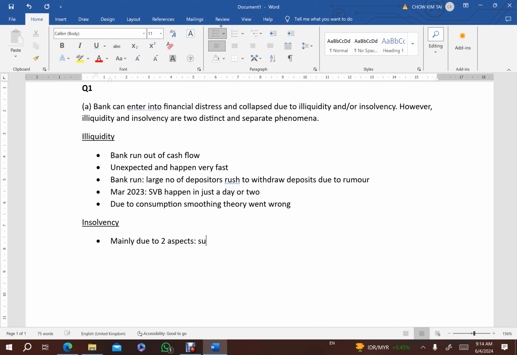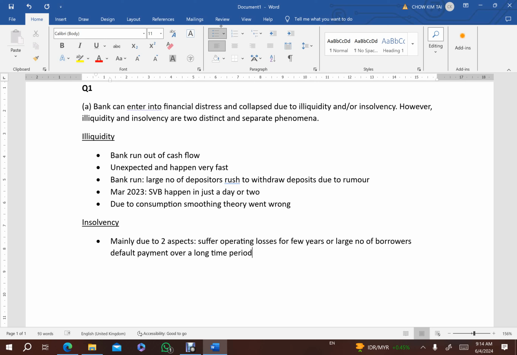Either the bank has been suffering operating losses for a few years, or a large number of borrowers default on payment over a long time period, for 1 year or 6 months or more than that, so that a lot of borrowers start to default.